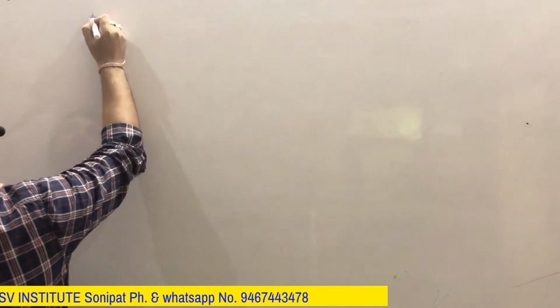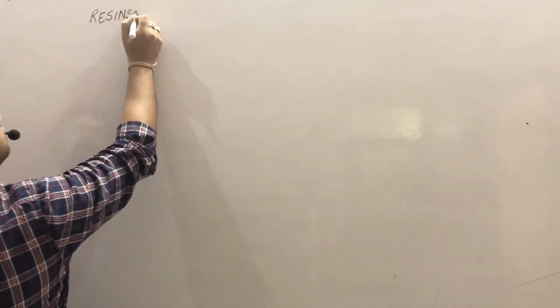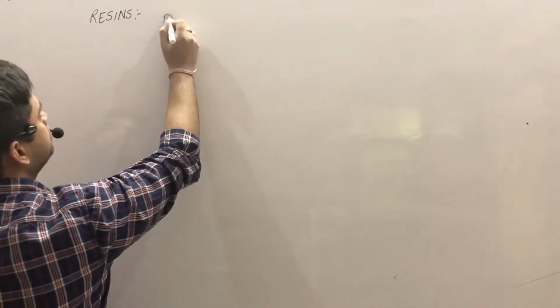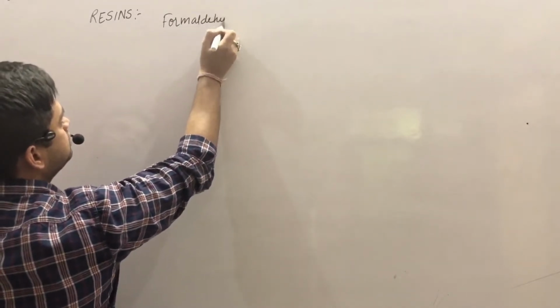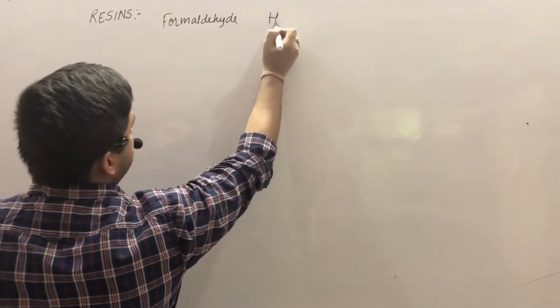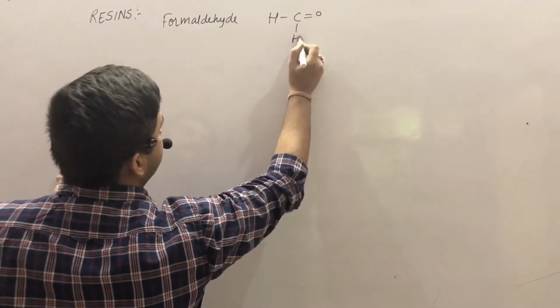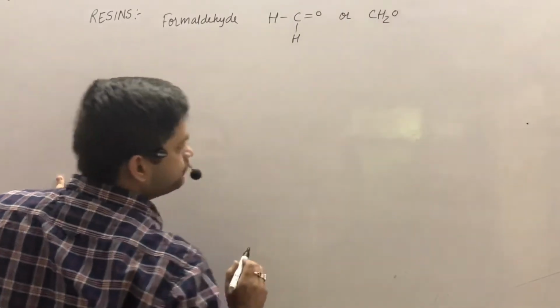Hello students. After polyesters, the next category of polymers is resins. As in each group there is a common monomer. In resins, the common monomer is formaldehyde, that is HCHO, which is an aldehyde group, or it can be written as CH2O.